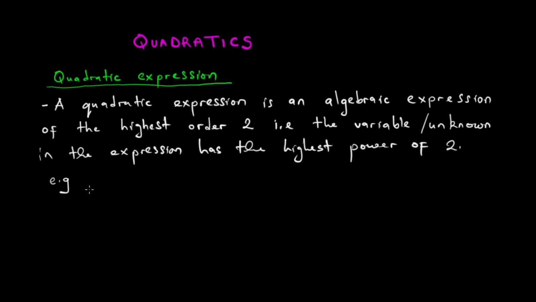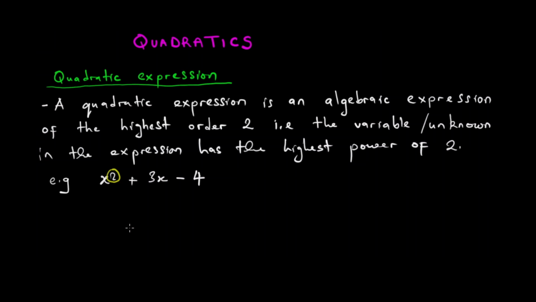So we can have an example of a quadratic expression like this: x squared plus 3x minus 4. This is an example. When we say the highest order is 2, or the highest power of the unknown is 2, we look at this 2 here, x to the power 2. So for it to be a quadratic expression or quadratic equation, it only becomes an equation when we say it's equal to something.